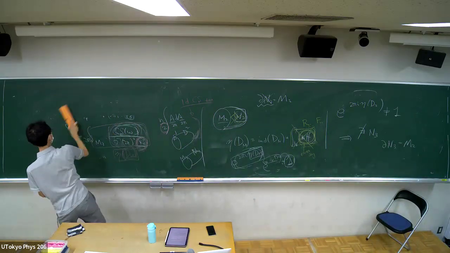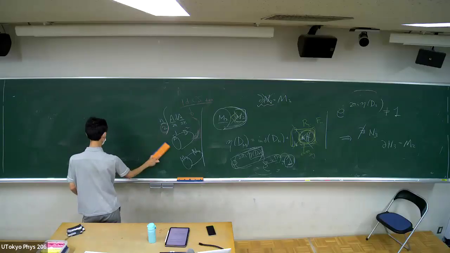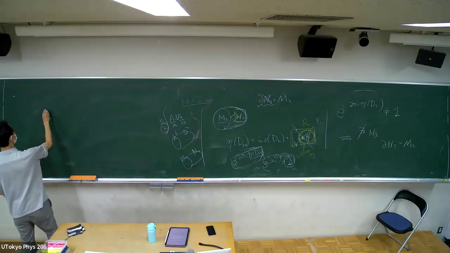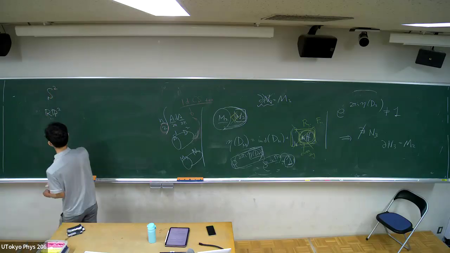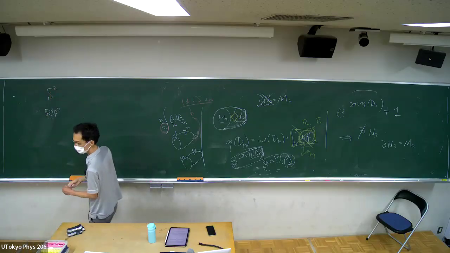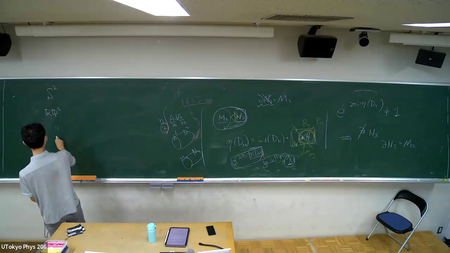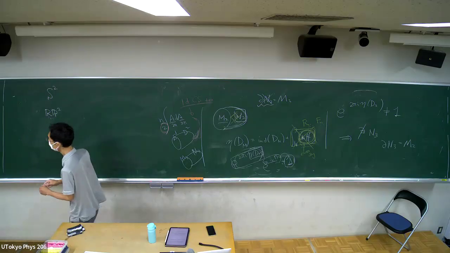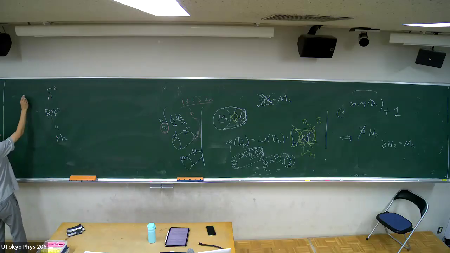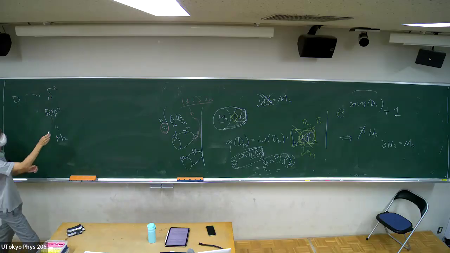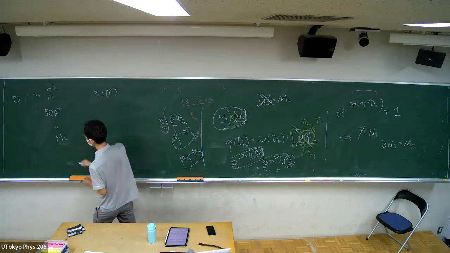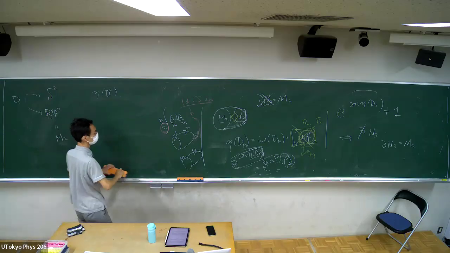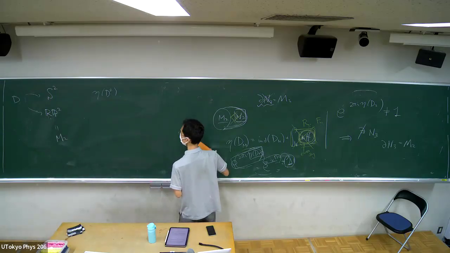And for example, you can consider S2 and RP2 as M2, right? And you can consider the Dirac operator acting on it and consider the eta invariant. So that sounds very complicated, right?